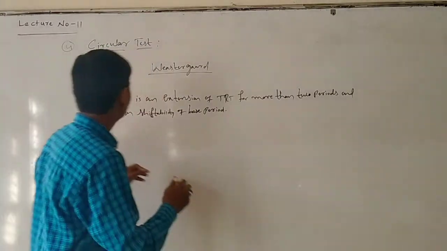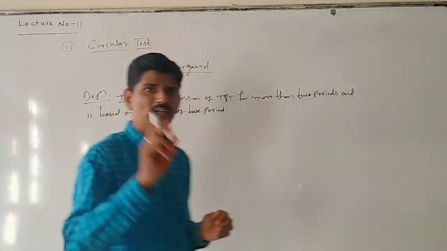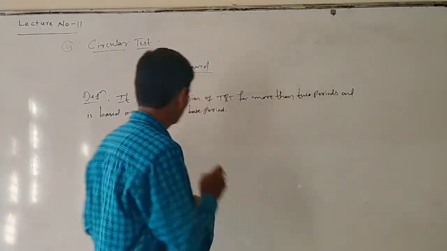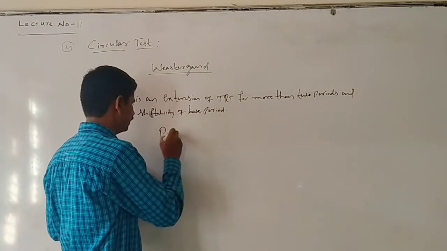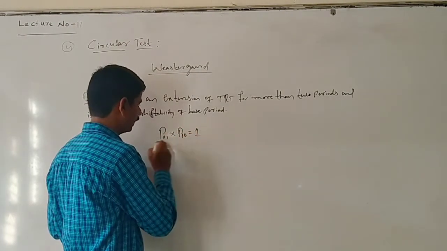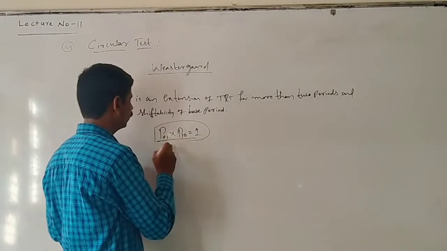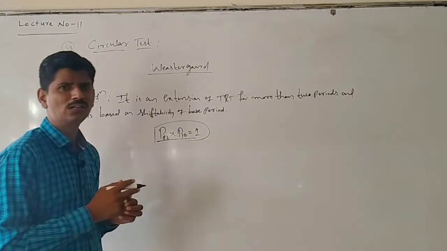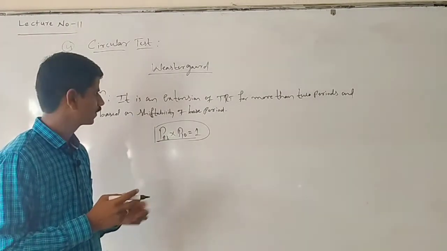In the time reversal test we are taking only 2 periods, 0 and 1, where 0 is the base year and 1 is the current year.